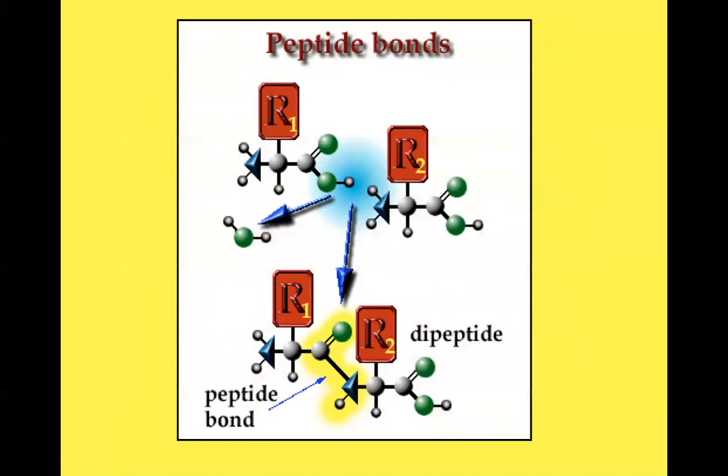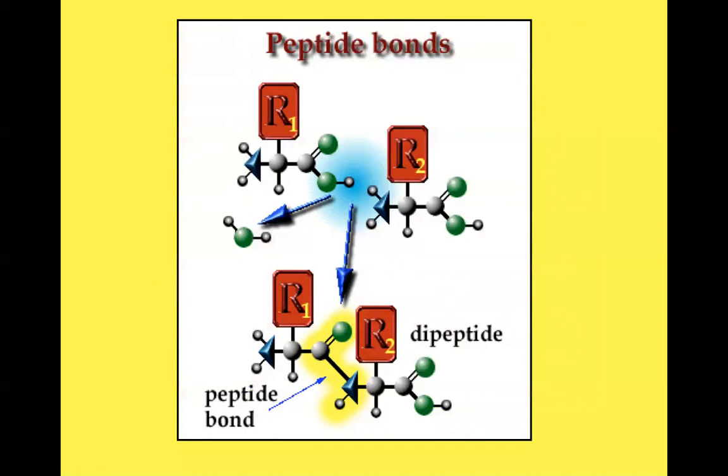Amino acids don't form disaccharides because they're not sugars, okay? When you put two amino acids together, they form a dipeptide. When you have more and more amino acids added on, you get polypeptides, okay? And when you have more than 50 amino acids linked together, you have a protein, okay?